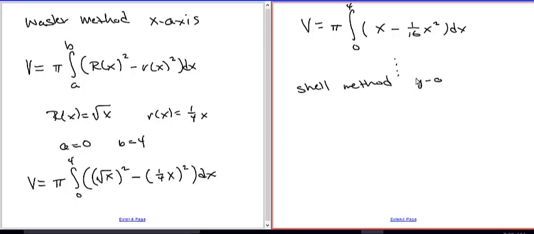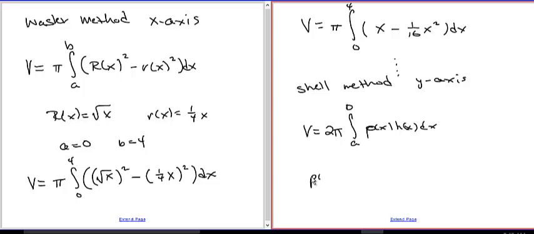around the y-axis, the formula there is 2 pi times the integral from a to b of r of x times h of x dx. And we said that, or actually it's p of x, isn't it? We use p of x.